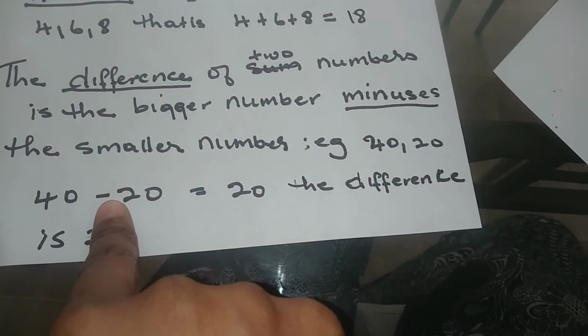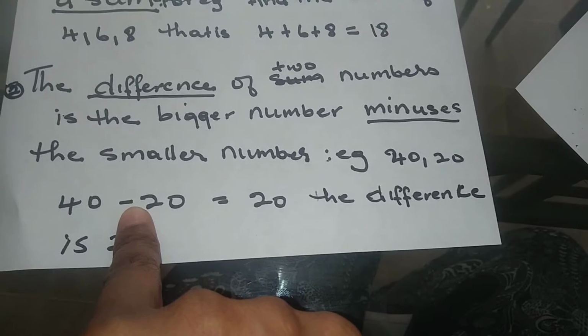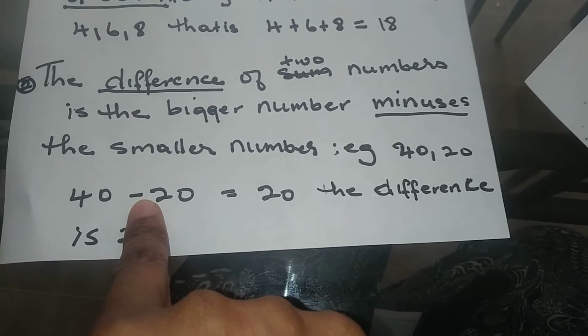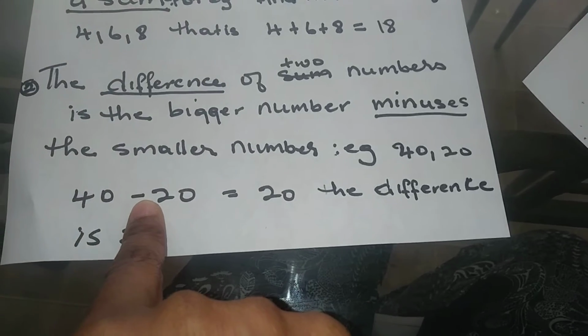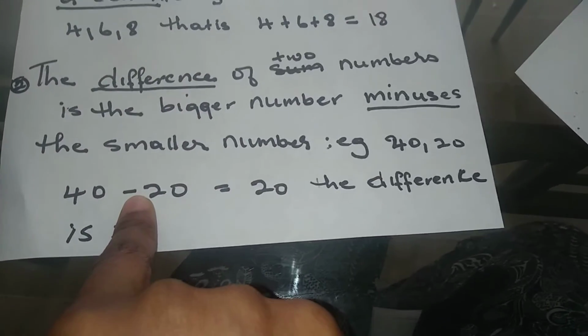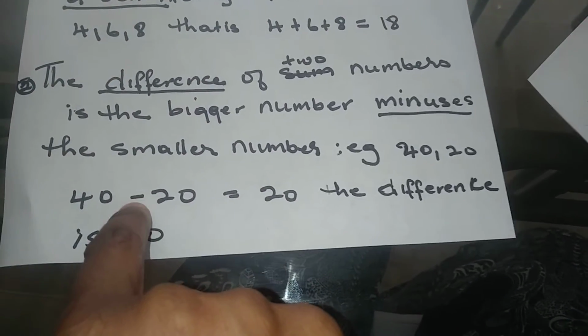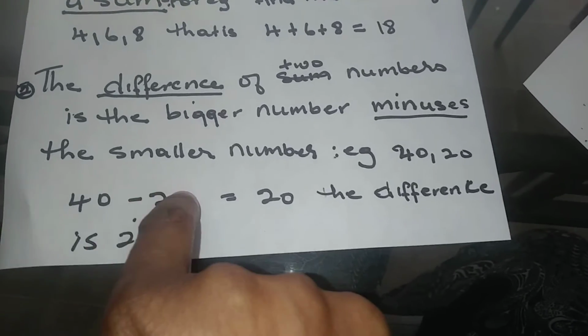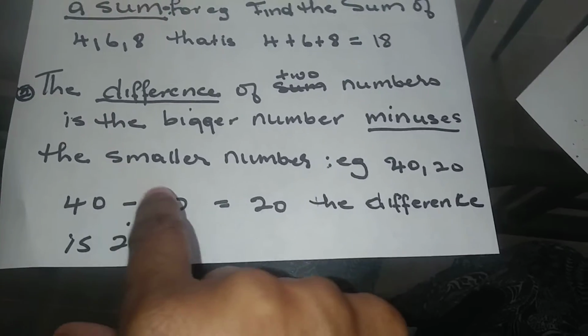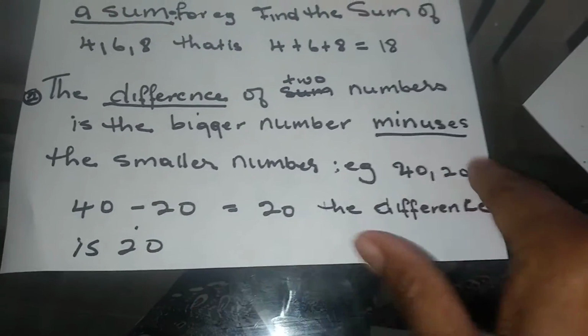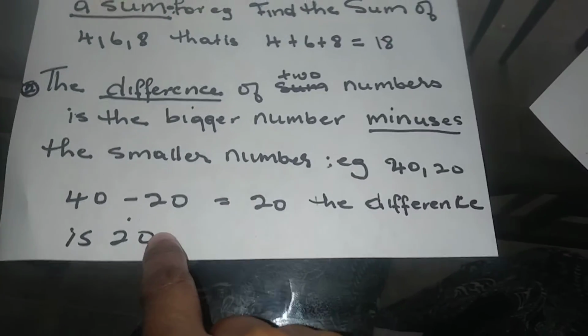Sometimes persons use minus, difference, take away, and sometimes we don't have an idea what they're talking about. It's simply using the minus sign. Take away the smaller from the bigger, and so the difference, which is the result, is 20.